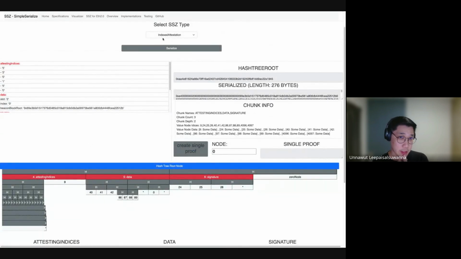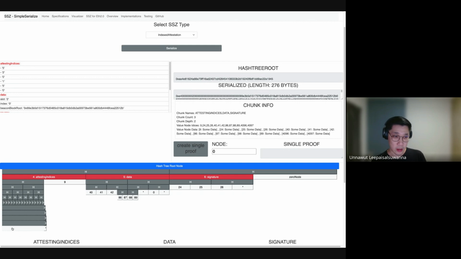Some example is, for example, indexed attestation. You can see here that the actual indexed attestation has three data here: attesting indices, data, and signature. And what it's able to do is that when you have really large indices, you see that the data is actually just here at the bottom.